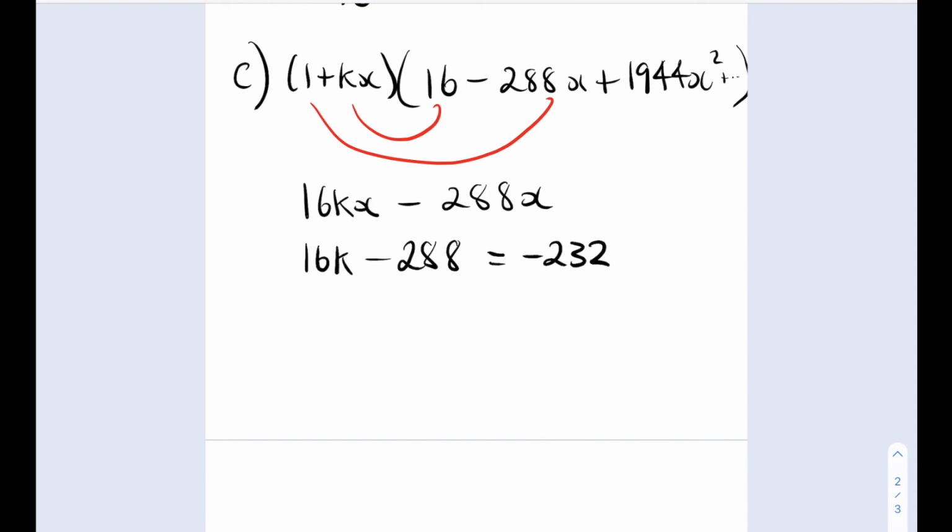Okay, so adding 288 to both sides, 16k equals 56. So k must be equal to 56 over 16, which is 3.5 as a decimal.